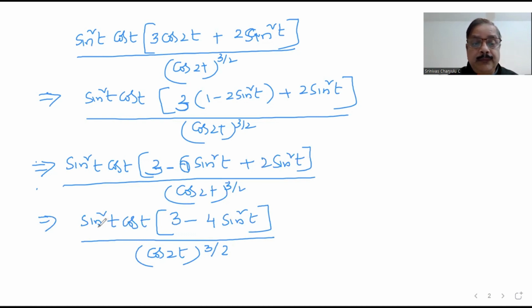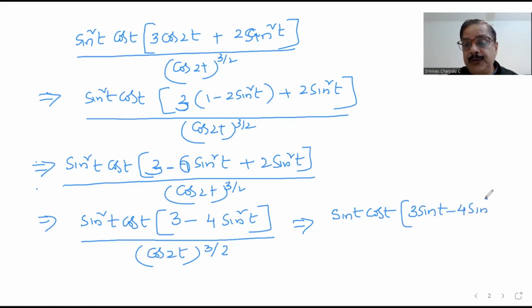Now what we do, we send one sin t inside, multiply only one sin t inside. So this will become sin t cos t, open the bracket, 3 sin t minus 4 sin cube t divided by cos 2t whole to the power of 3 by 2.